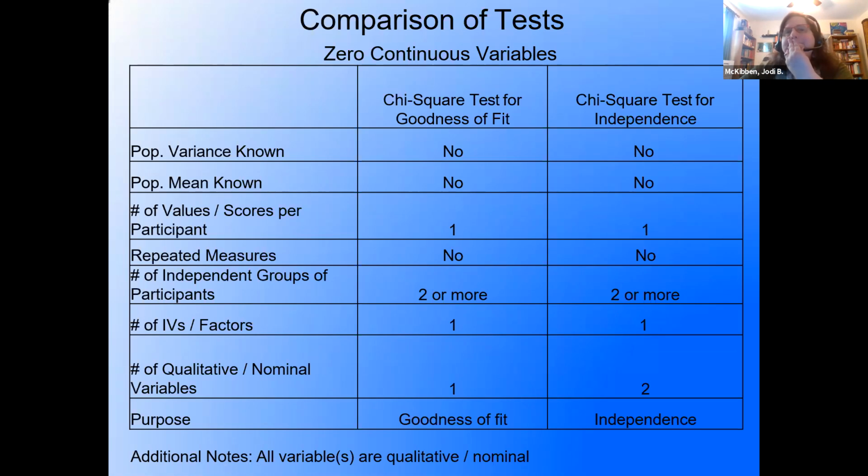Now, let's say we wanted to look at another variable along with win, lose, or tie. What else might influence, or what else might be interesting to look at in addition to whether a person wins, loses, or ties? We could look, just for fun, trying to come up with a great example for you guys, at favorite color.